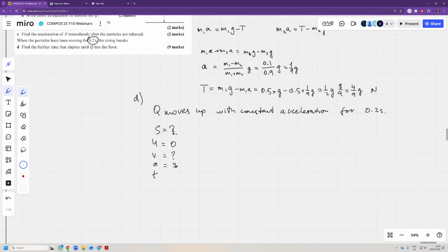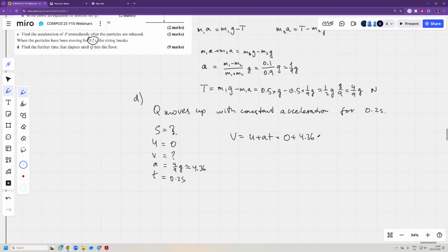So 4/9 of g, which is approximately 4/9 times 9.8, 4.36, and t is 0.2 seconds. So we can find the final velocity, v is u plus at.